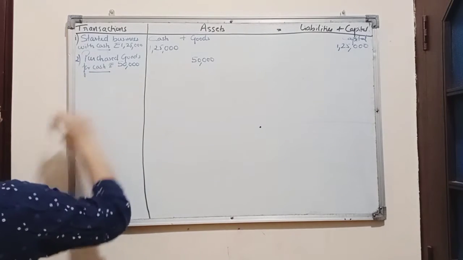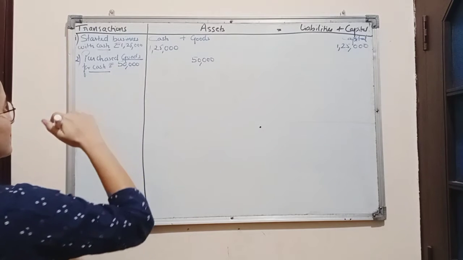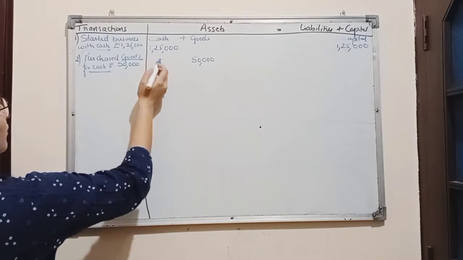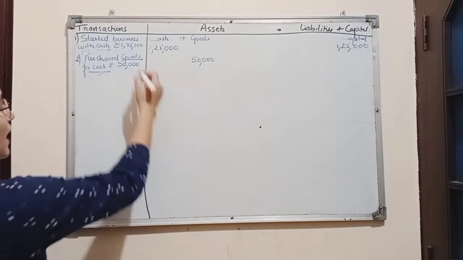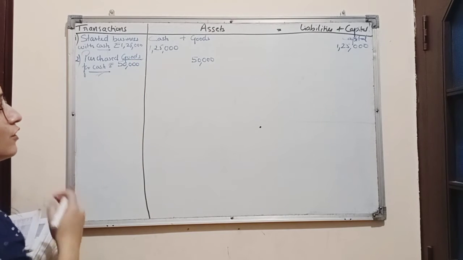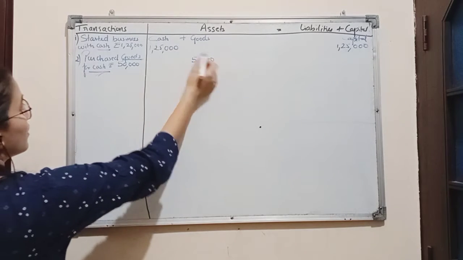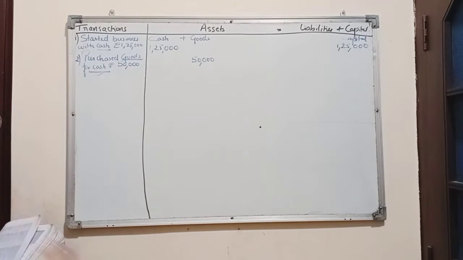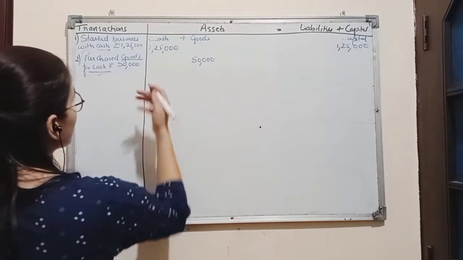Now in this transaction there are two things which are affecting. First is cash, second is goods. Both are asset. So if one asset is decreasing with the amount 50,000, which is cash, at the same time, the another asset which is goods, it is increasing with the amount 50,000. So equation here is balanced. Goods purchased for 50,000 means there is outflow of cash because that goods has been purchased with cash.